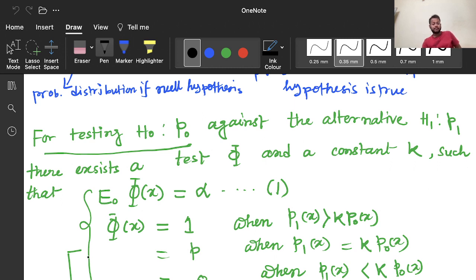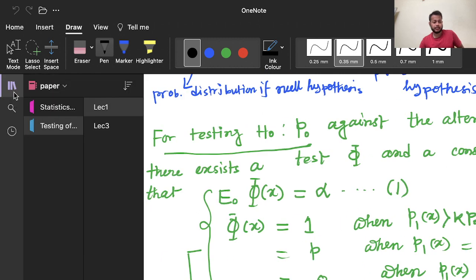So this is the Neyman-Pearson fundamental lemma. Now we are going to use this to test some useful hypothesis of the normal distribution. So let's do it.